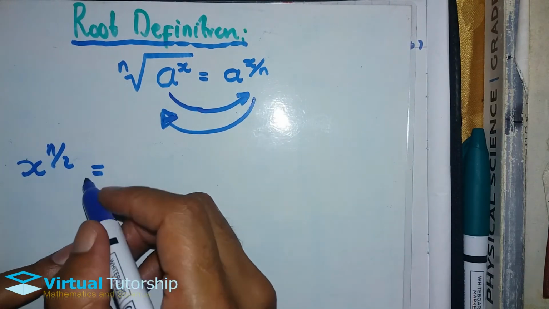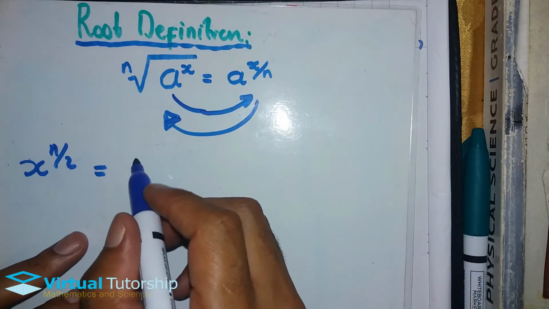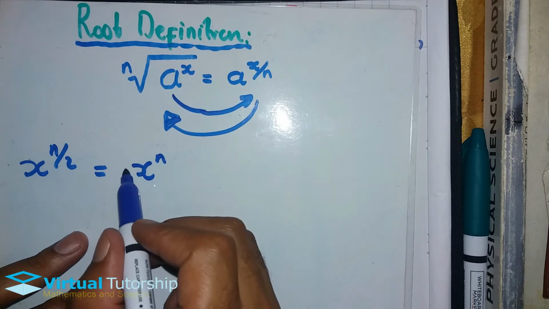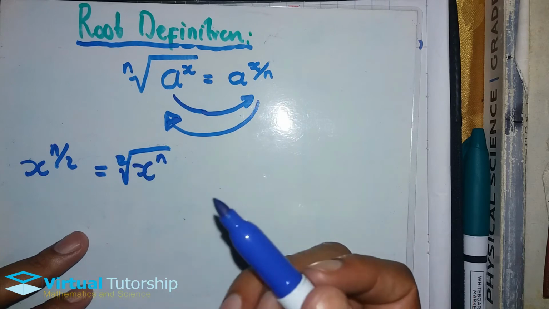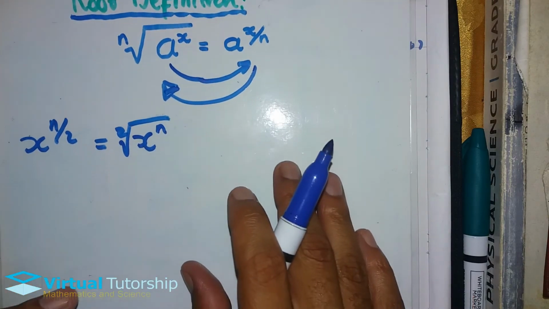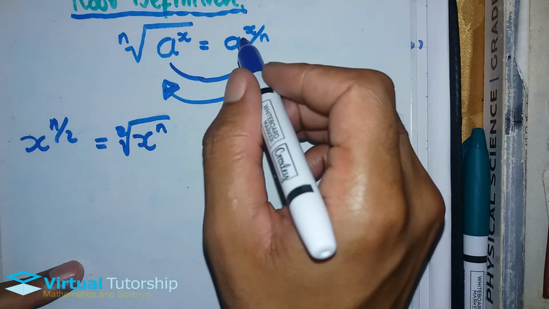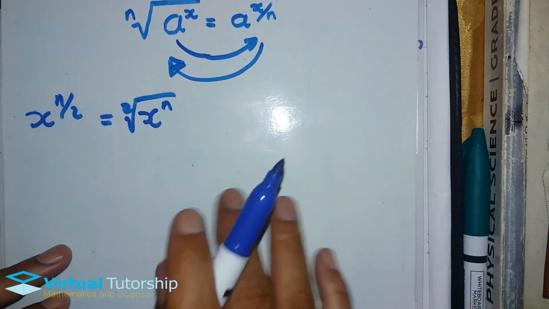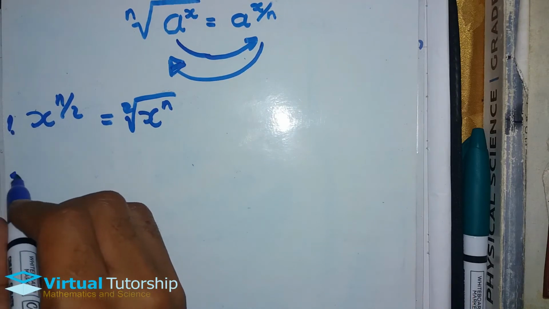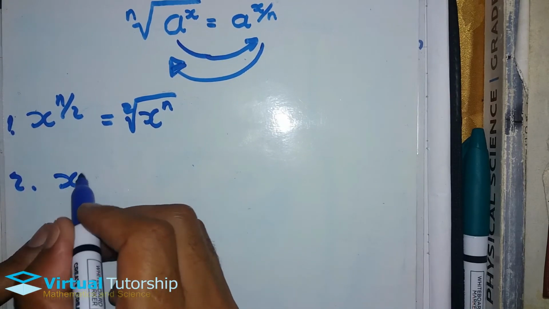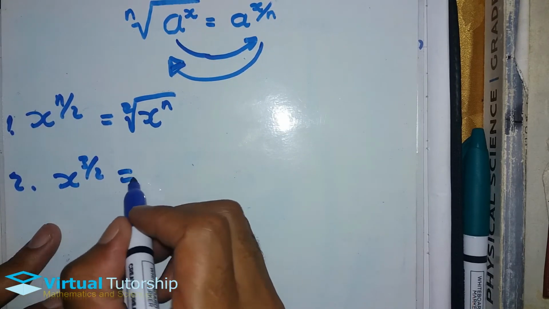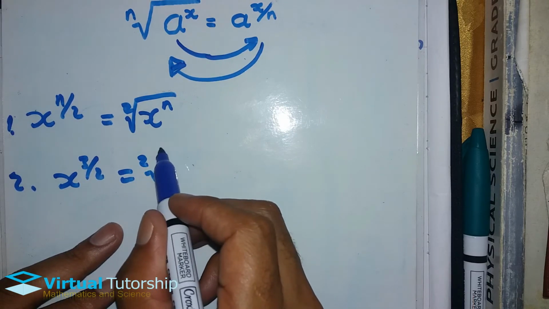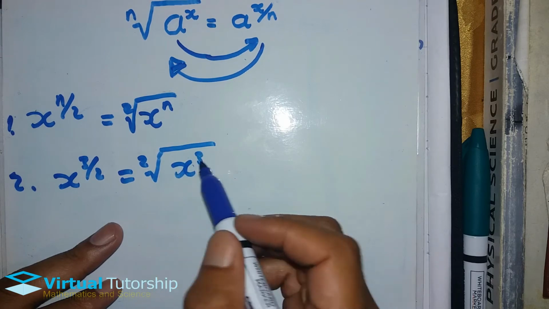So look, this one is equivalent to what? x to the n, second root, right? That's why I say you must be able to work forward and backwards with the root definition. So I'll do one more. Let's say x exponent 3 over 2, which is equivalent to the second root of x exponent 3.